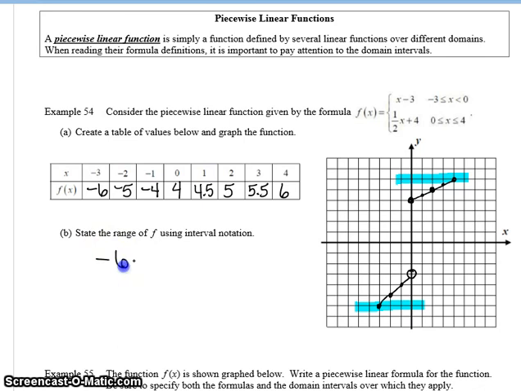So it becomes from -6 to -3. You include -6, you don't include -3. Okay, this is the union symbol, which really just means or. And then you're going to jump up here. Where am I up here? I'm at 4. How high does it go? It goes to 6. So it's going to go from 4 to 6. They're both included, so they're square brackets.